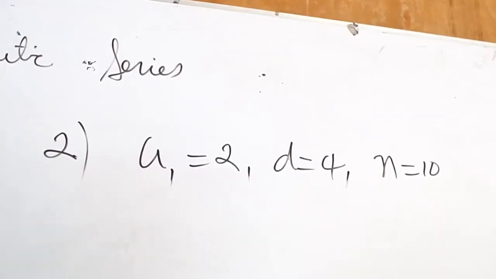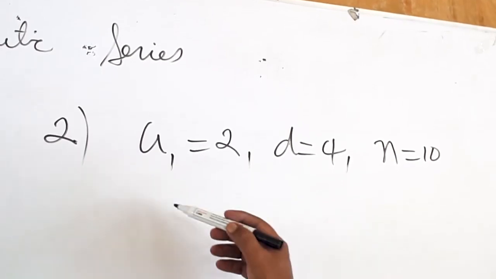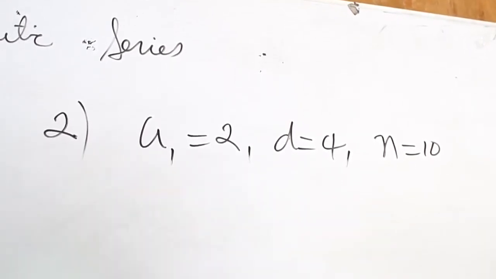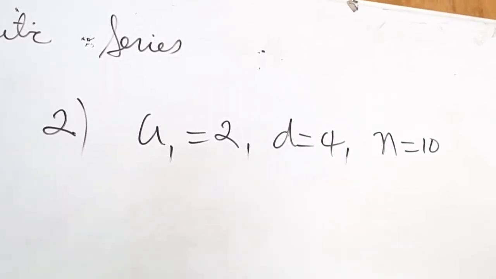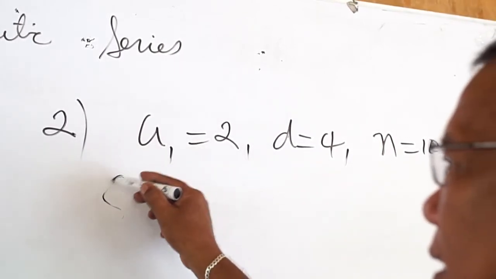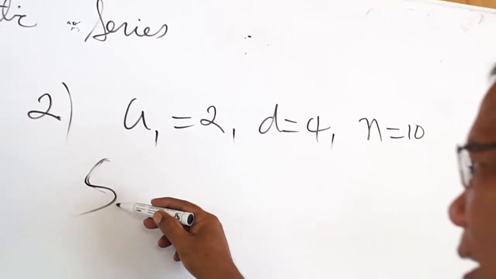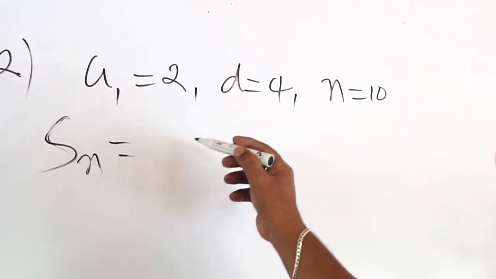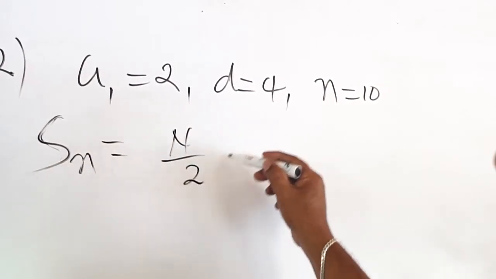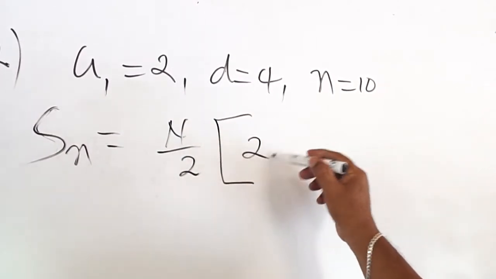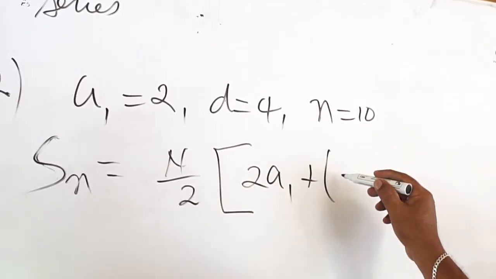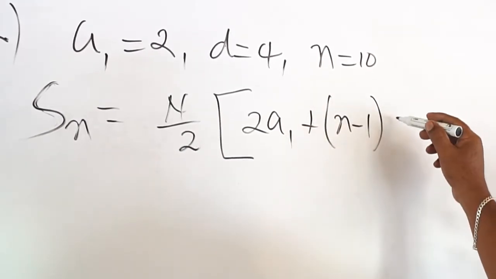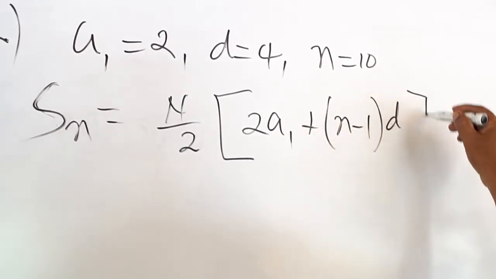Example number 2. a subscript 1 is equal to 2. Then common difference equals 4. Then number of terms equals 10. Then we have the formula. The formula we have is S subscript n is equal to n over 2, then open brace, 2a subscript 1, plus open parenthesis n minus 1, then multiply it by common difference.